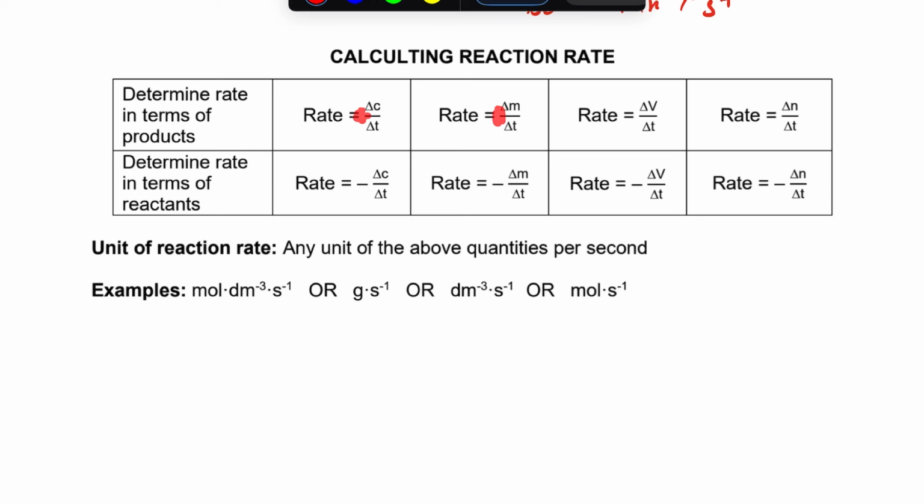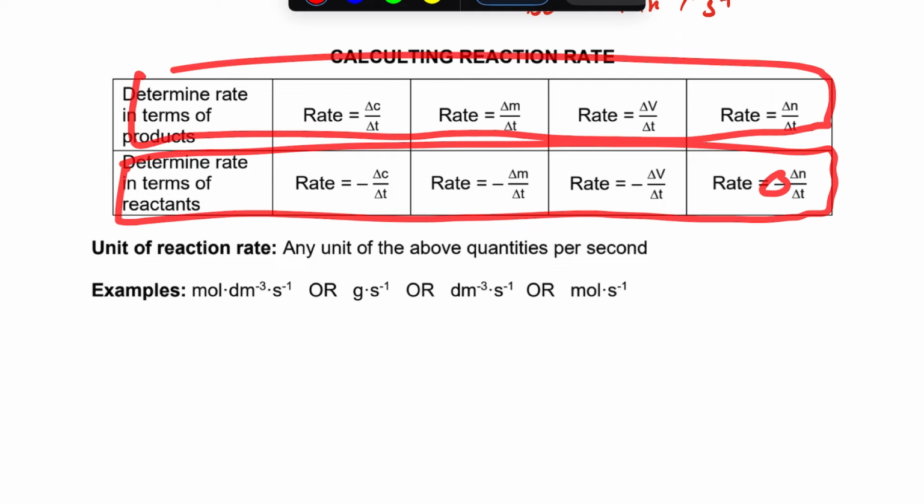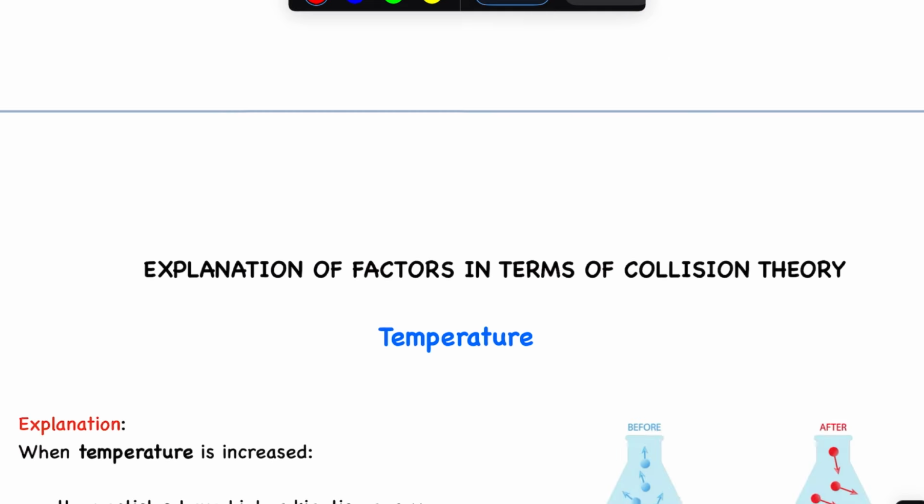But if it has to do with the reactants, whatever you're calculating the rate of, the rate will be negative. Very important, guys: reactant, negative; product, positive.